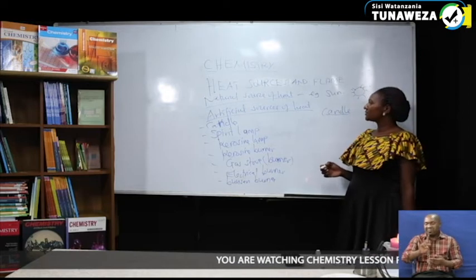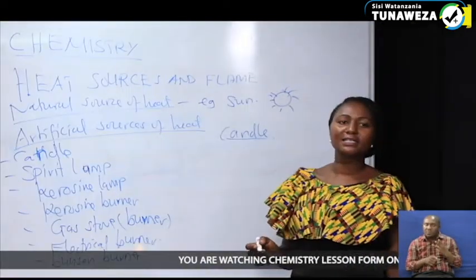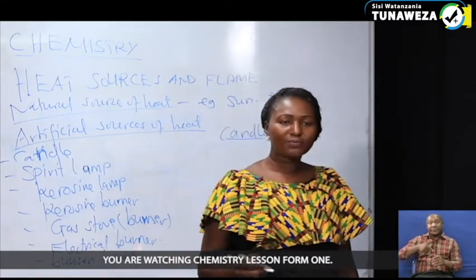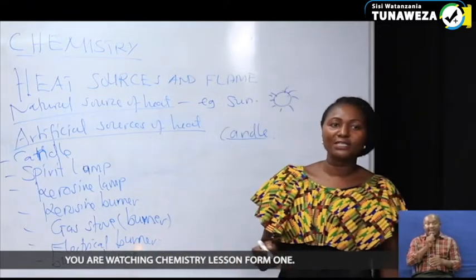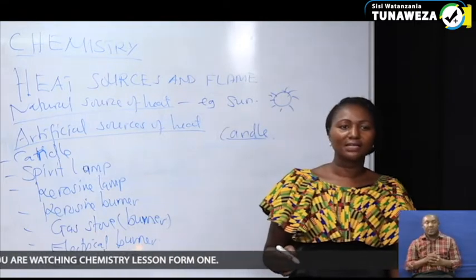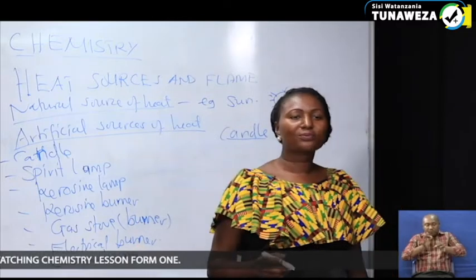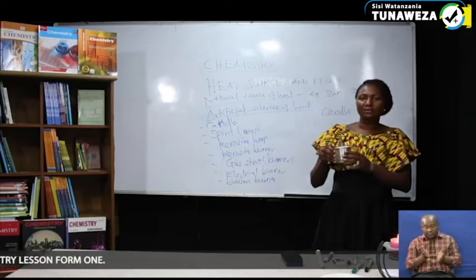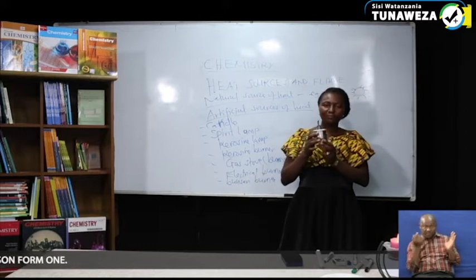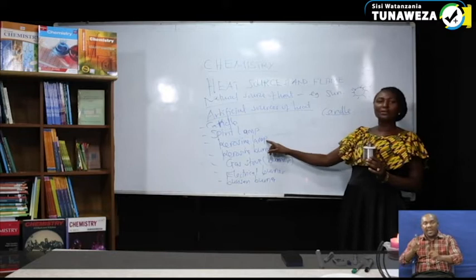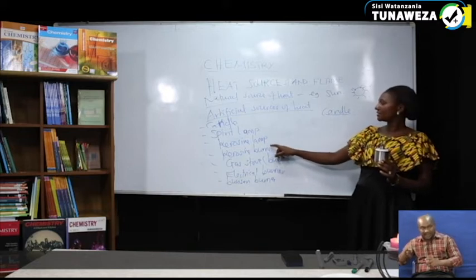Another type of artificial source of heat is kerosene lamp. Kerosene lamp is the lamp which uses kerosene as the source of fuel. Do you know kerosene lamp? Let me show you. Okay, this is a kerosene lamp. And there is a difference between kerosene lamp and kerosene burner.